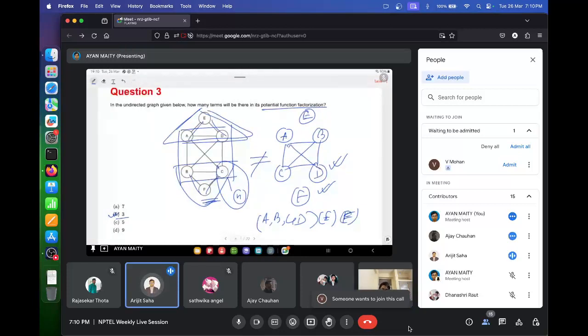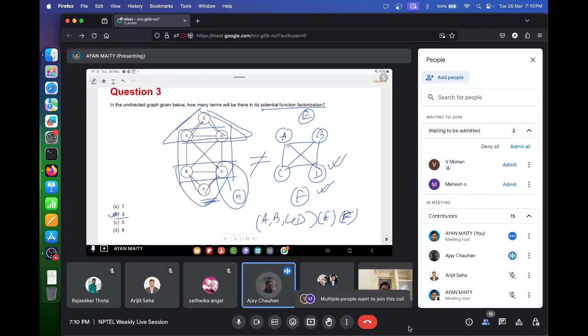Between two factorizations we should have at least one common node, otherwise how would it be connected? This is why I have shown this right hand side figure: if E and F are not connected, then E and F would be completely different factors.